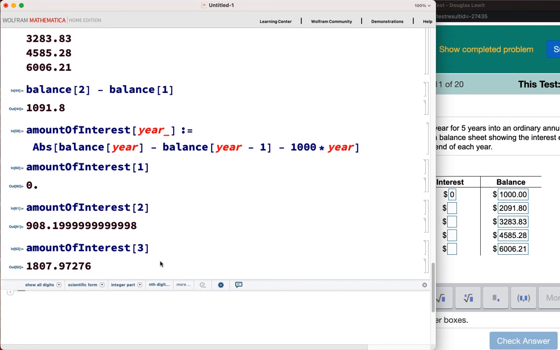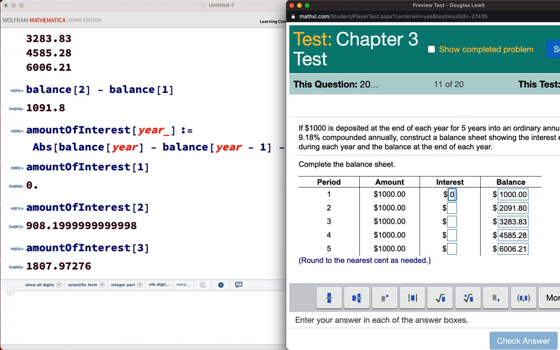For the third year, $1,807.97. Let's see if this is correct. So $0, $908.20, $1,807.97.